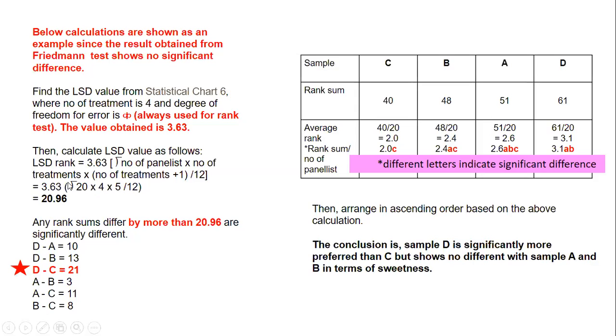Okay, and then you get some value. You need to take the square root, punca kuasa dia. Okay, punca kuasa and then times 3.63. Okay, let's calculate it whether the value is true or not. 20 times 4 times 5, divided by 12, square root, times 3.63.